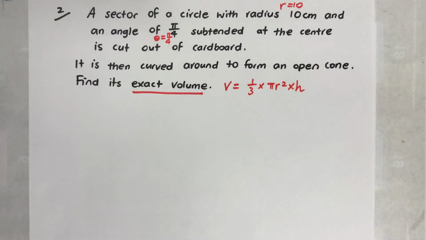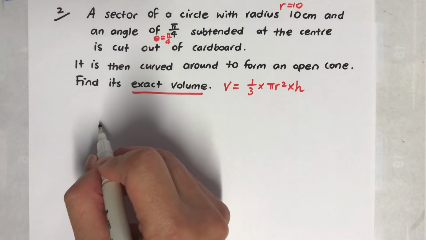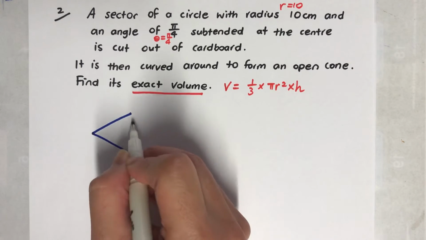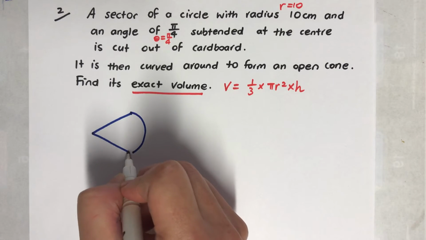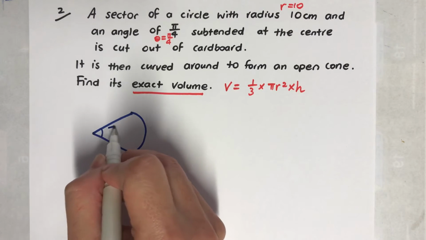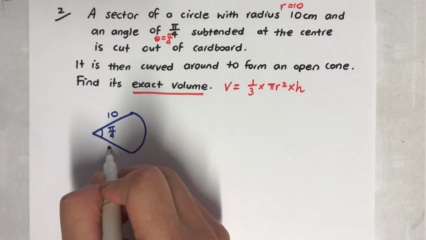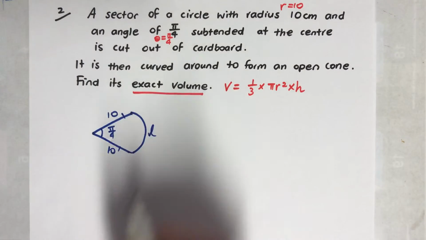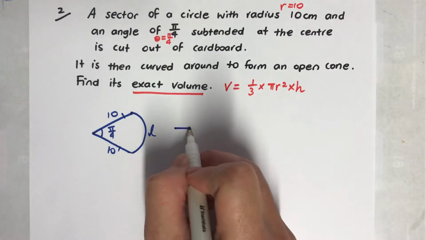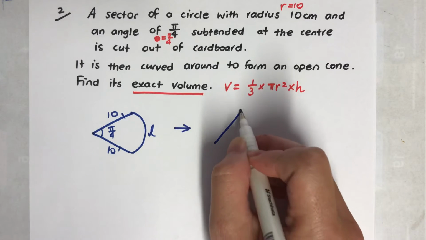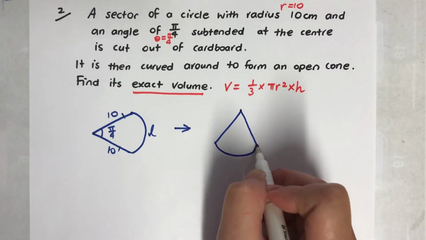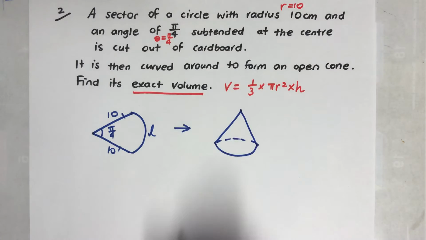Okay, so what does it look like here? I'm just going to sketch this, because some people might not get the picture correctly. That's pi over 4, that's 10 because it's a radius, that's L, we don't know. That has to form an open cone here.